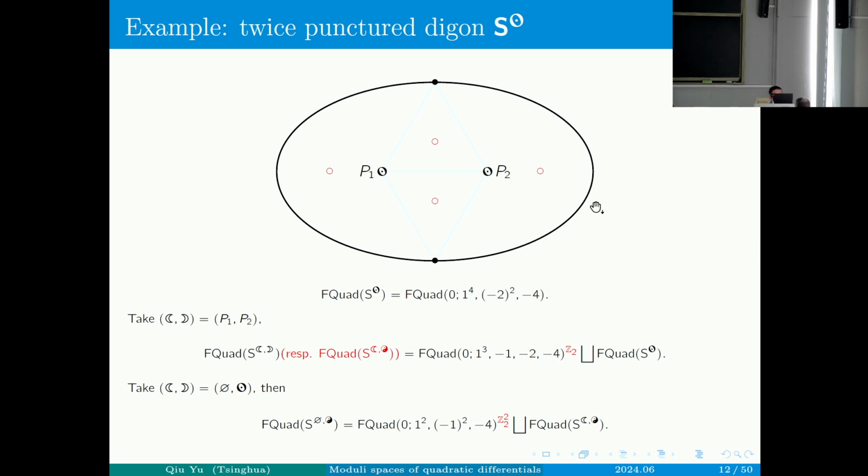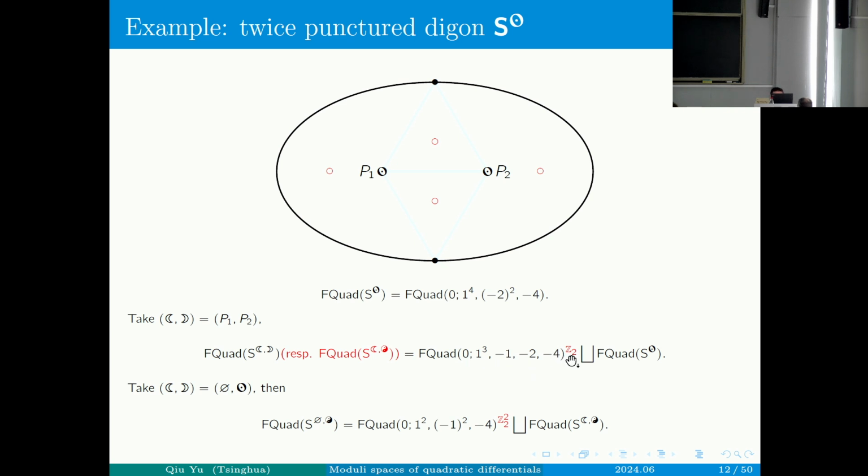Yeah, so let's just review this running example. We start with this moduli space, which has 4 simple zeros, 2 double poles, and 1 order 4 pole at infinity on CP1. If you allow one of the punctures to collide, then you want to add another strata like this. So you have 1 less simple zero, 1 less double pole, but you have 1 extra simple pole.